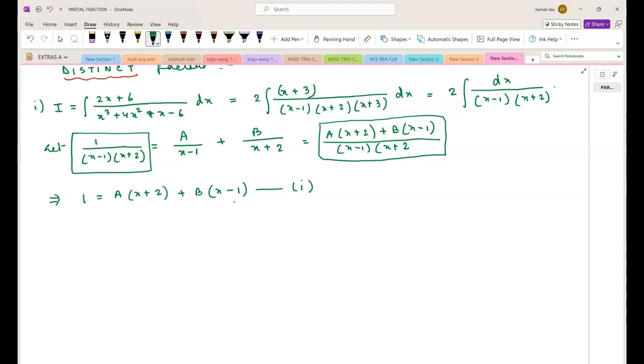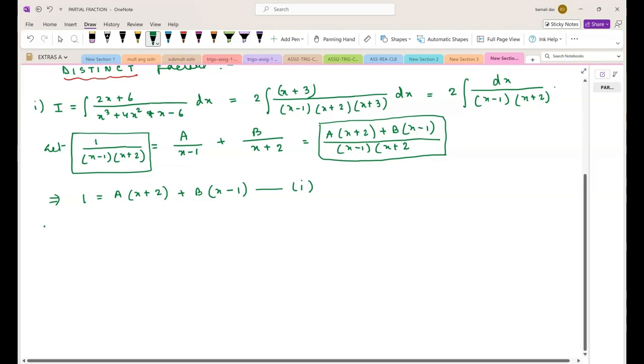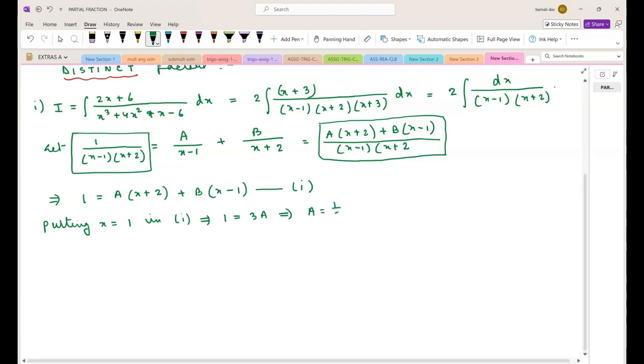So that will help me to easily find the values of a, b. So putting x equal to 1 in 1, we get 1 equal to 3a. So a equal to 1 by 3.